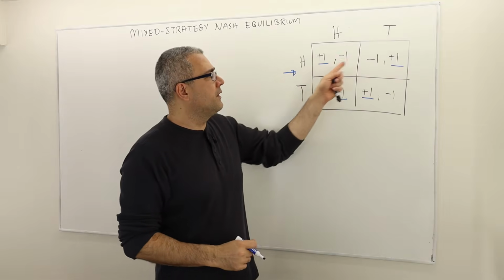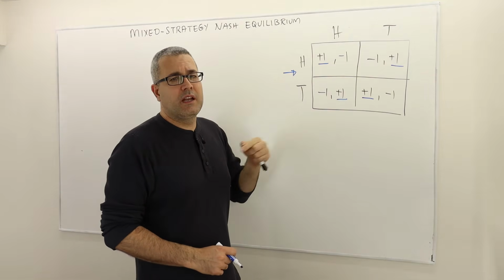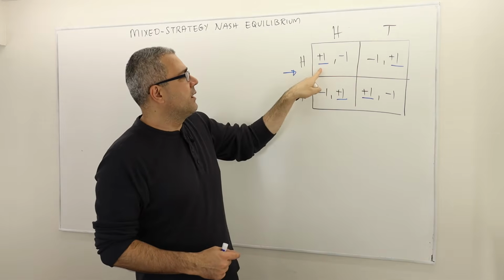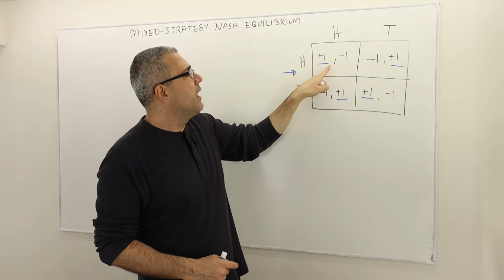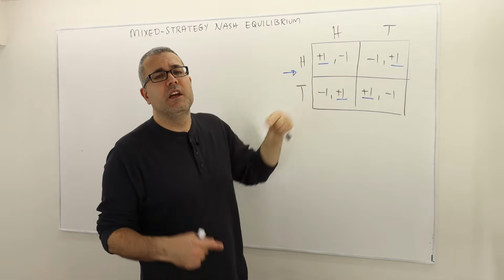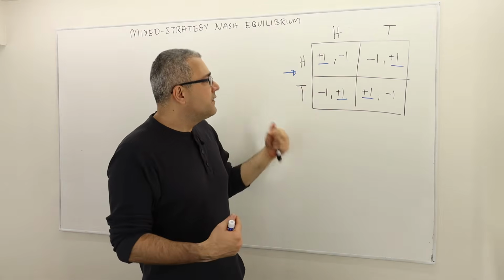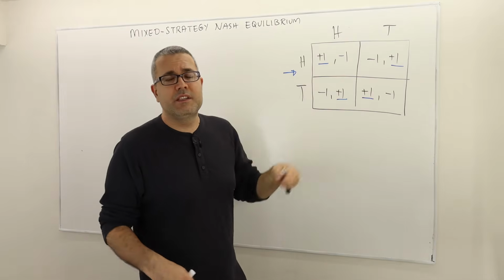So what does that mean? That means, in each entry, there's only one number that is underlined. For example, for this strategy profile, player 1 is best responding to player 2. However, player 2 is not best responding to player 1. So therefore, HH is not a Nash equilibrium. Similarly, with exactly the same reasoning, head-tail, or tail-head.